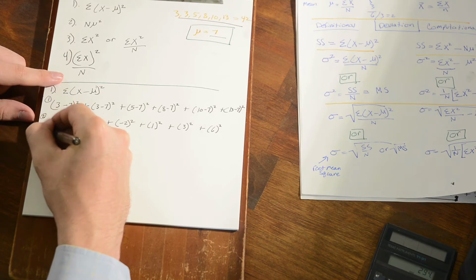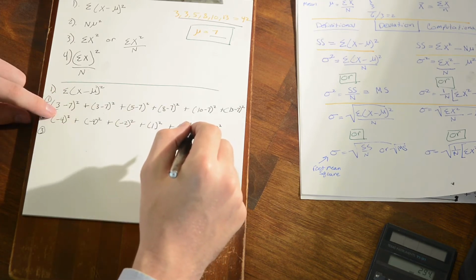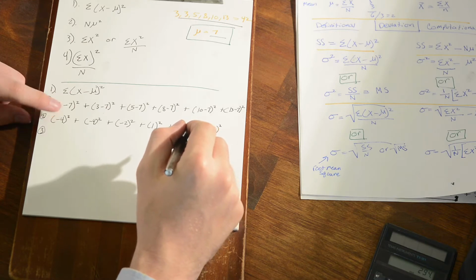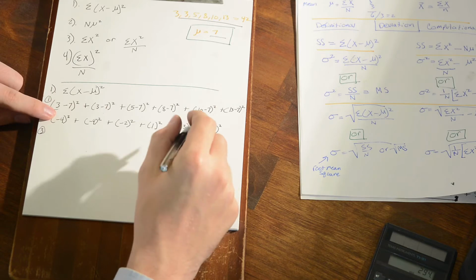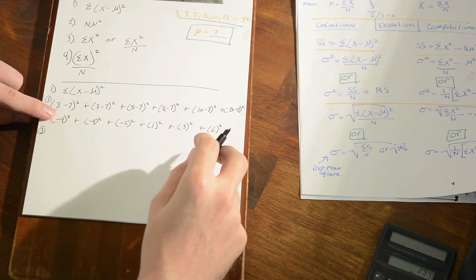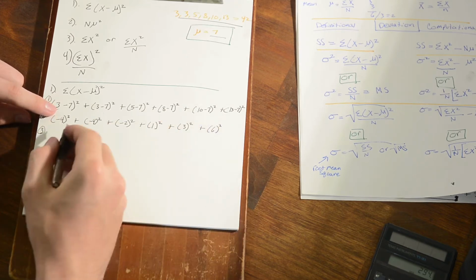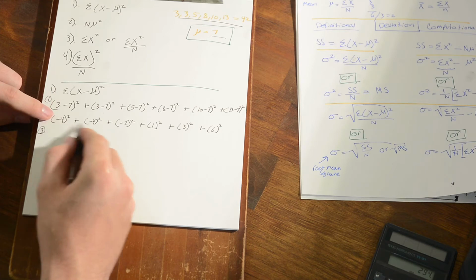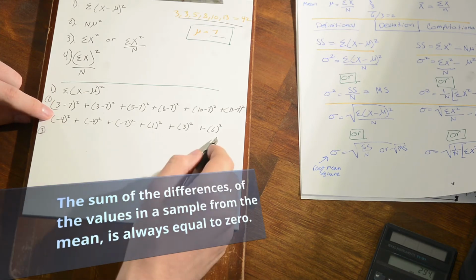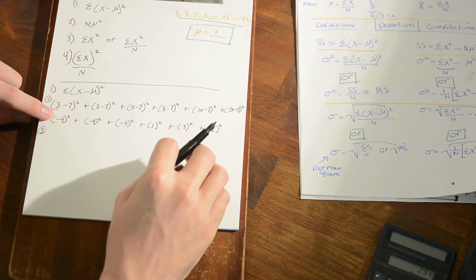In step 3, we're going to be squaring these. This is an important step because it gets rid of the negatives, letting us deal with the absolute value. So this will come up with a sum that is not 0. Because if we just added all these together, I mean, we have negative 10 on this side and positive 10 on this side, we just end up with 0, like I showed in the last video as an example.